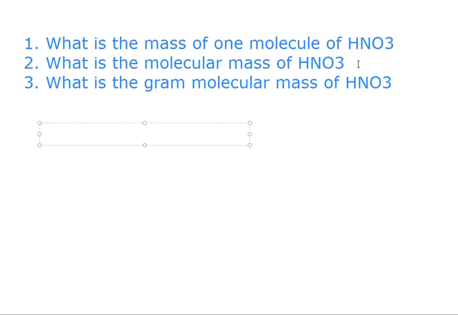This time also we are going to solve like that only. We have to use the formula for one molecule of HNO3. I hope you know how to calculate the mass of one molecule of HNO3.